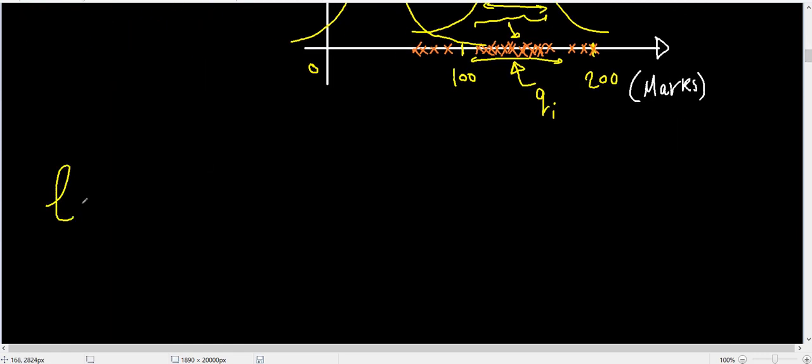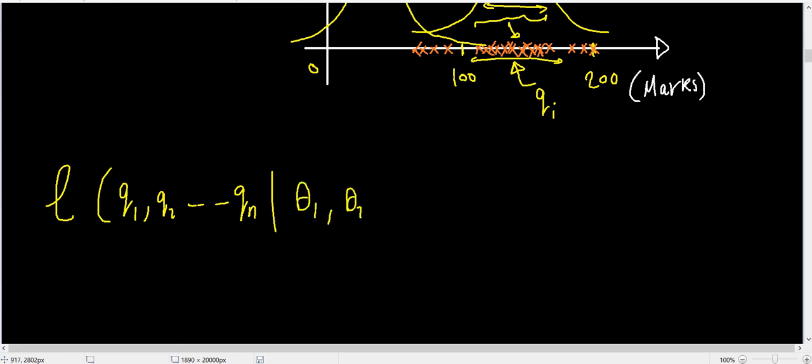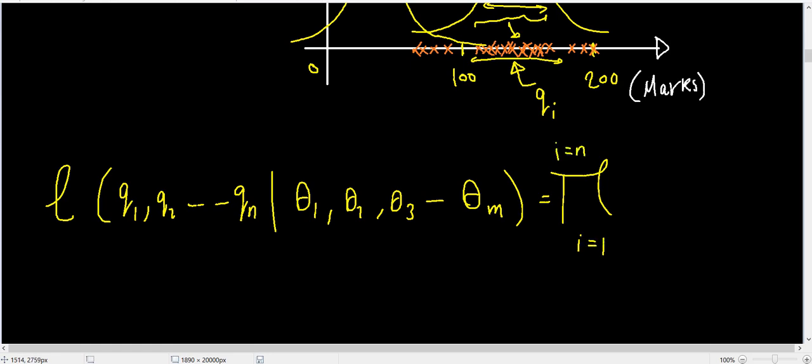So the function L of all our examples Q1, Q2 up to Qn, given all our parameters, which in general will be, let's say, theta 1, theta 2, theta 3 up to theta m, in general, this is equal to the product from i equal to 1 up to i equal to n of the probability of Qi given the same parameters, theta 1 up to theta m.